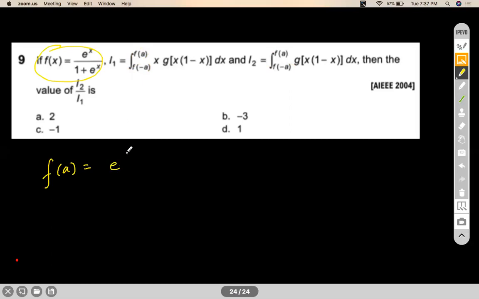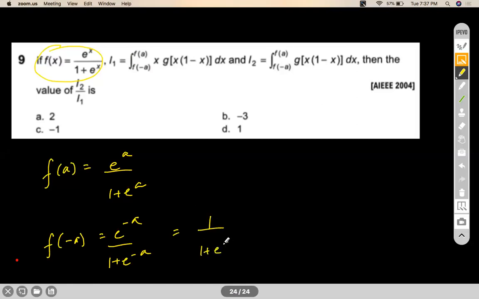F of a is e to the power a by 1 plus e to the power a. Correct? And f of minus a is e to the power minus a by 1 plus e to the power minus a. Correct? This is actually 1 by 1 plus e to the power a. Let us add these two. If you add these two, you realize f of a plus f of minus a actually gives you 1.